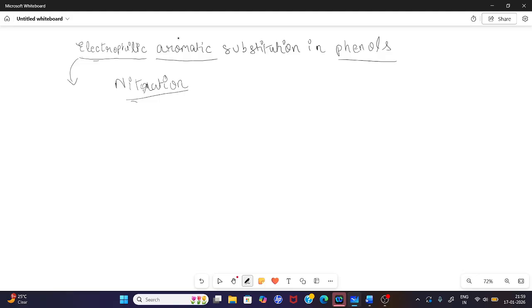Nitric acid, we all know, is HNO3, right? So this is normally represented like this: you have a hydroxyl unit here and you have the NO2 group, or nitro group, here. This is how you write HNO3.